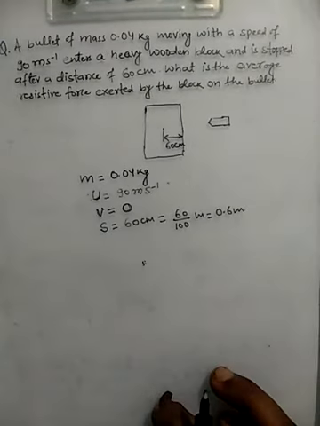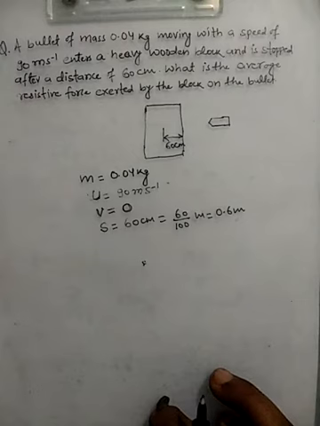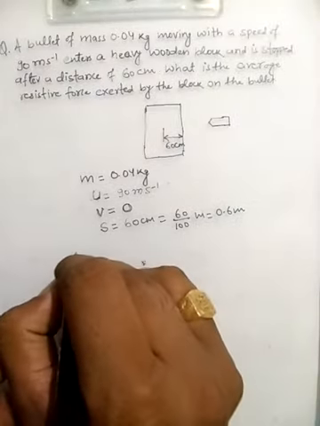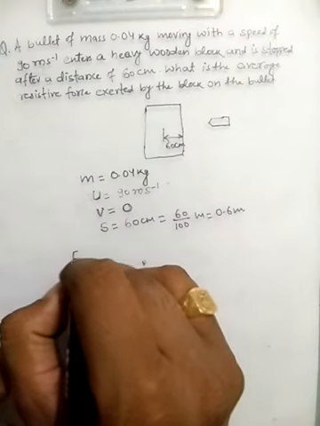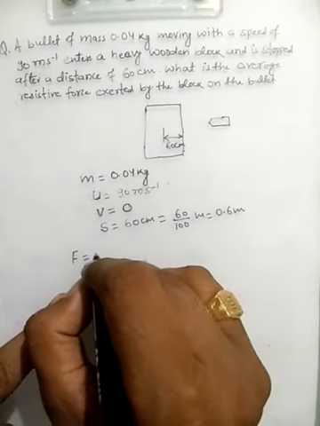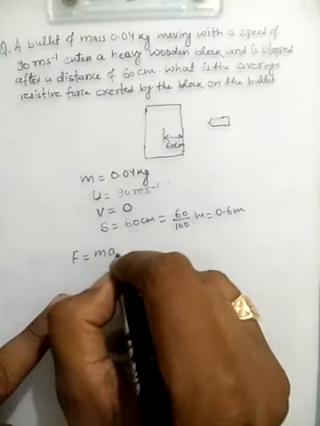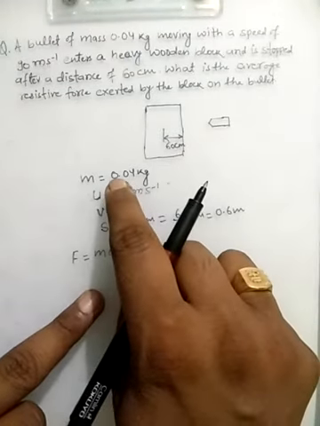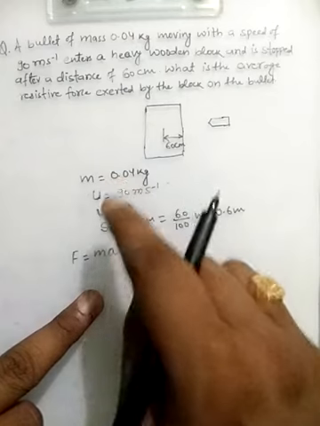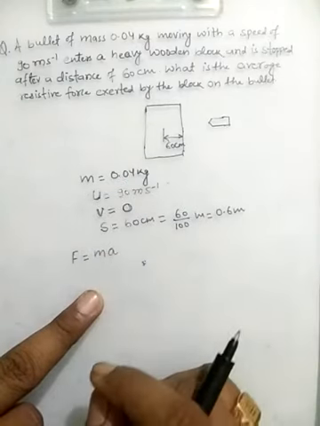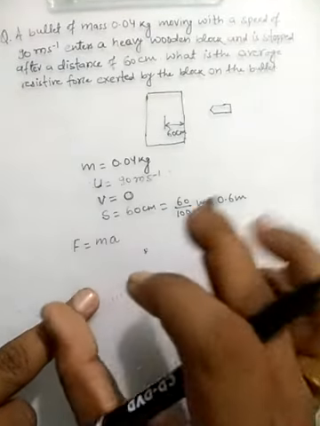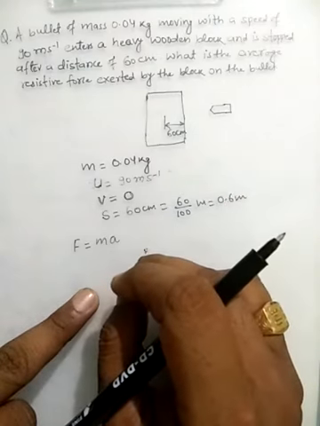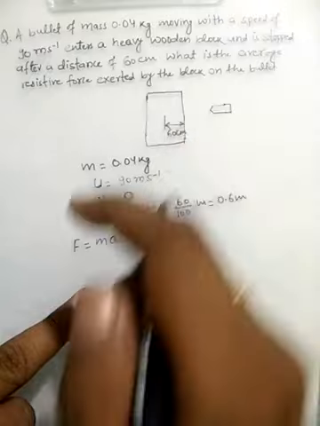Then we have to find out the average resistive force, and from the second law of motion we know that F, the external force, will be equal to mass into acceleration. Here mass is given as 0.04 kg, but acceleration is not given. Then we have to first find out the acceleration of the bullet in the block.